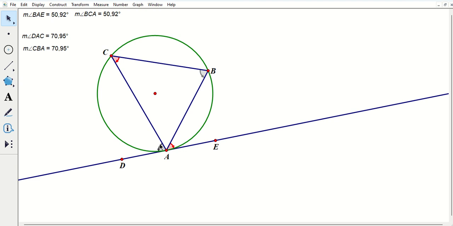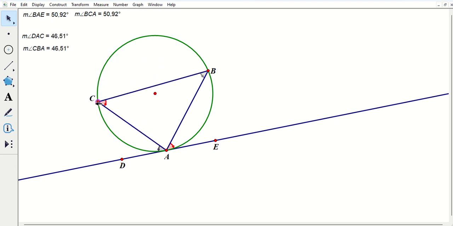So what do I mean? I mean the tangent meets the chord AC at A and forms this angle, the highlighted angle, and AC also forms an angle B at the circumference of the circle, and those two angles are equal.